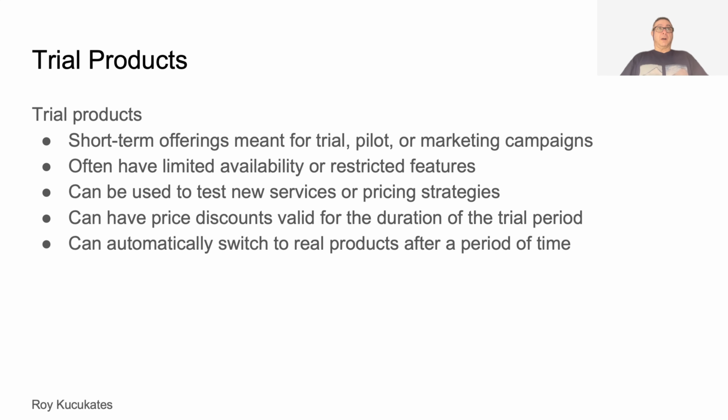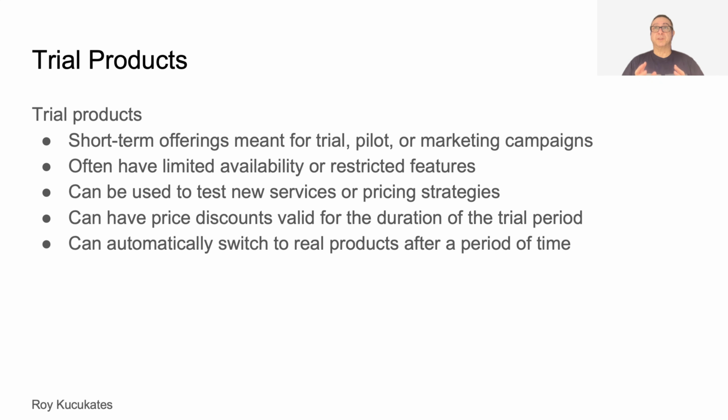Trial products are short-term offerings. They're given by the operator to customers that want to try the product with limited capability and restricted features. Usually you can use them for testing new services or pricing strategies as well. They do have a price discount, sometimes a 100% price discount for a trial period.